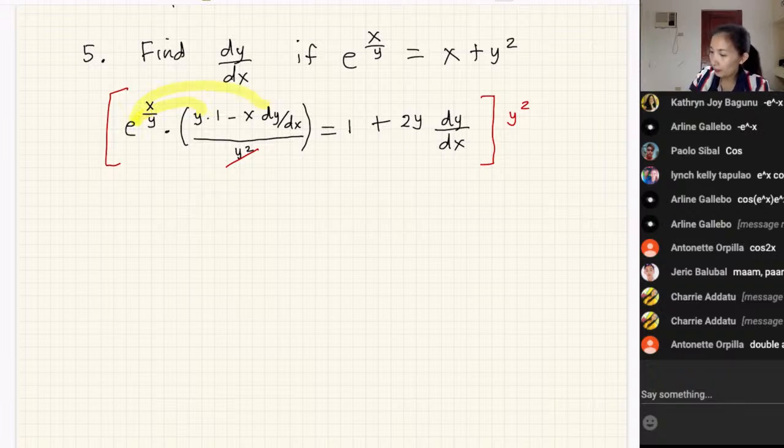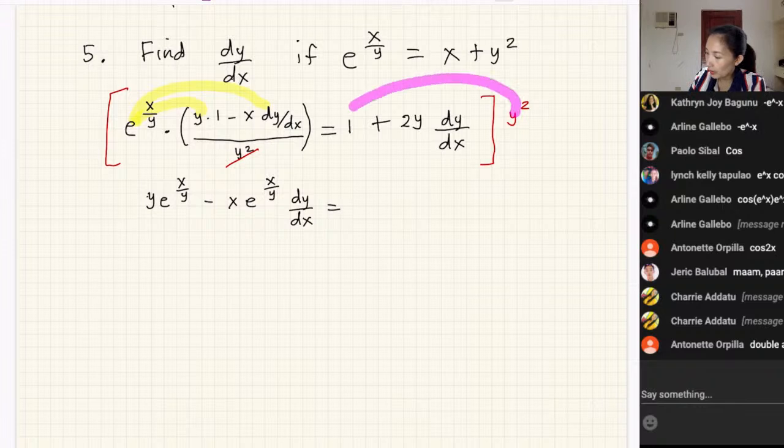That will give y e raised to x over y minus x e raised to x over y dy over dx, equals, since we multiplied the whole by y squared, multiply it by this and multiply it here. So what do we get?